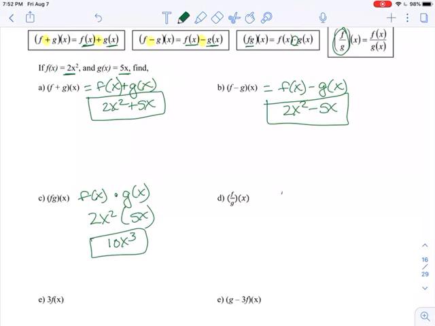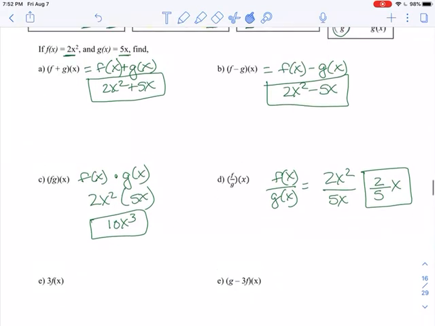F divided by g of x equals f of x divided by g of x. F of x is 2x squared. G of x is 5x. Now when I'm dividing, I subtract the exponents. 2/5 can just stay 2/5, but then I subtract the exponents, so it's 2/5 x.